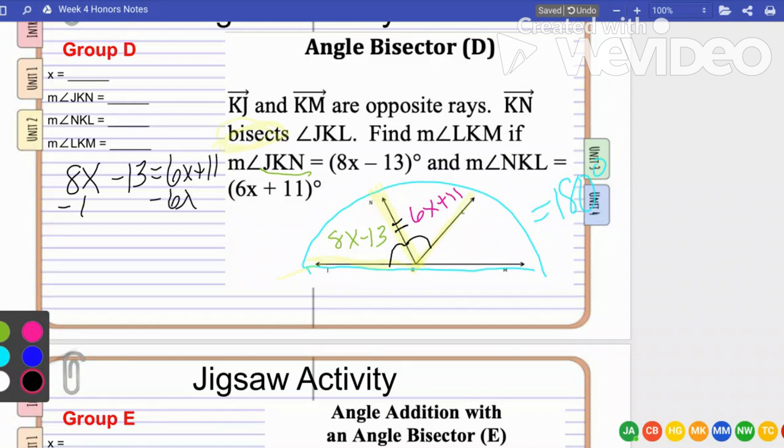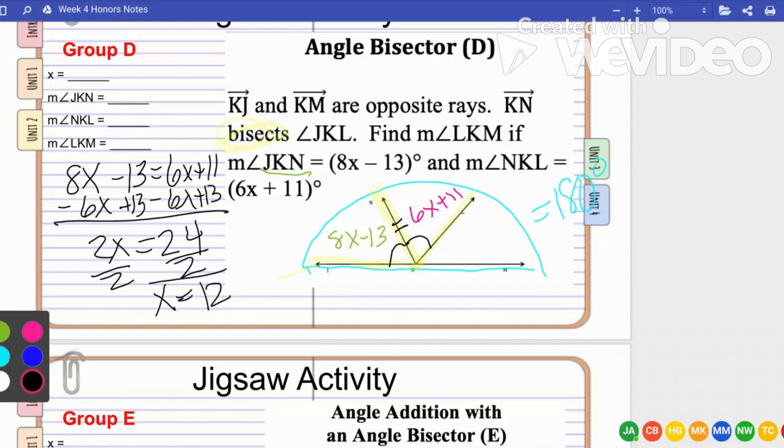Subtract 6x from both sides. Add 13 over. We get 2x equals 24. Divide by 2, x equals 12. X equals 12, we plug it back in.